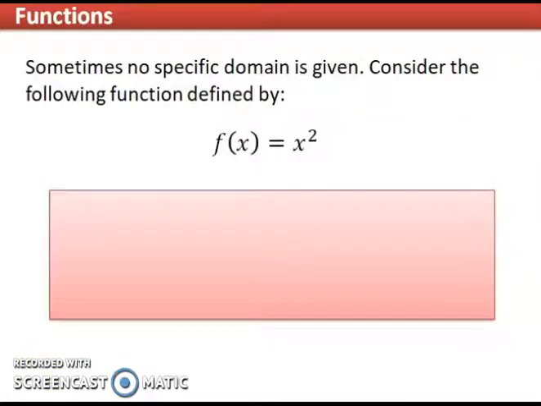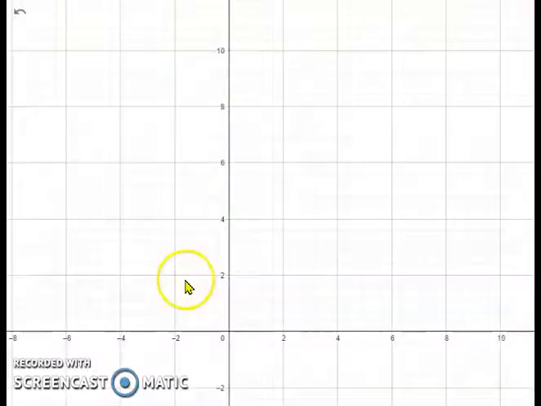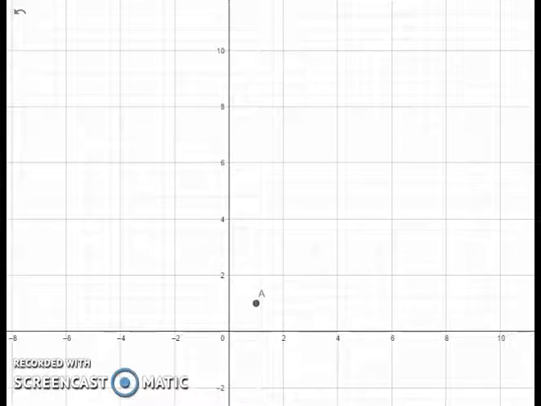Sometimes no specific domain is given. So for example, the function f of x is equal to x squared. We try to graph it. If the input is equal to 1, the output is equal to 1, and that is represented by this point.